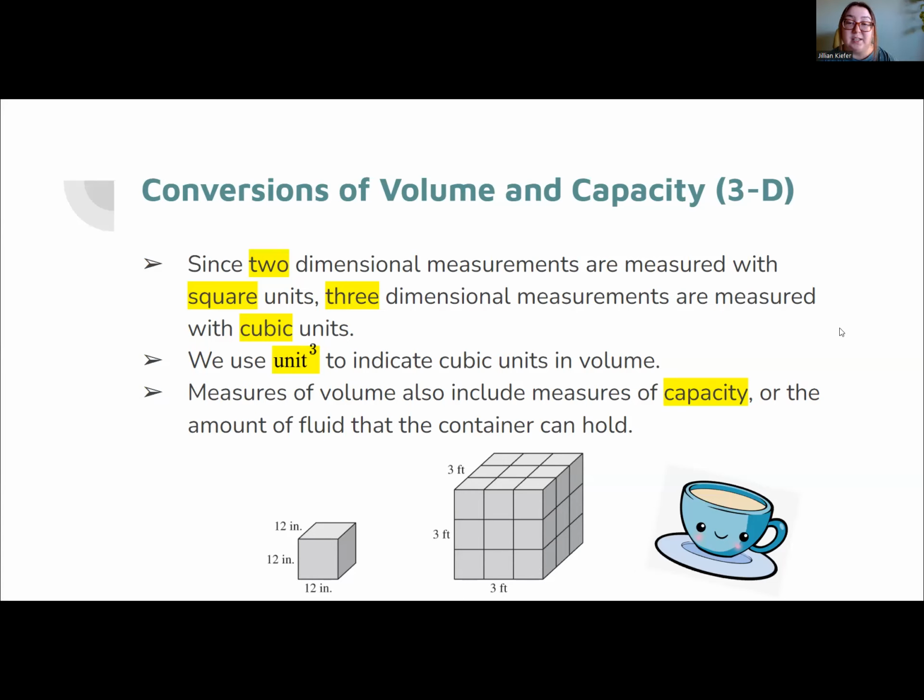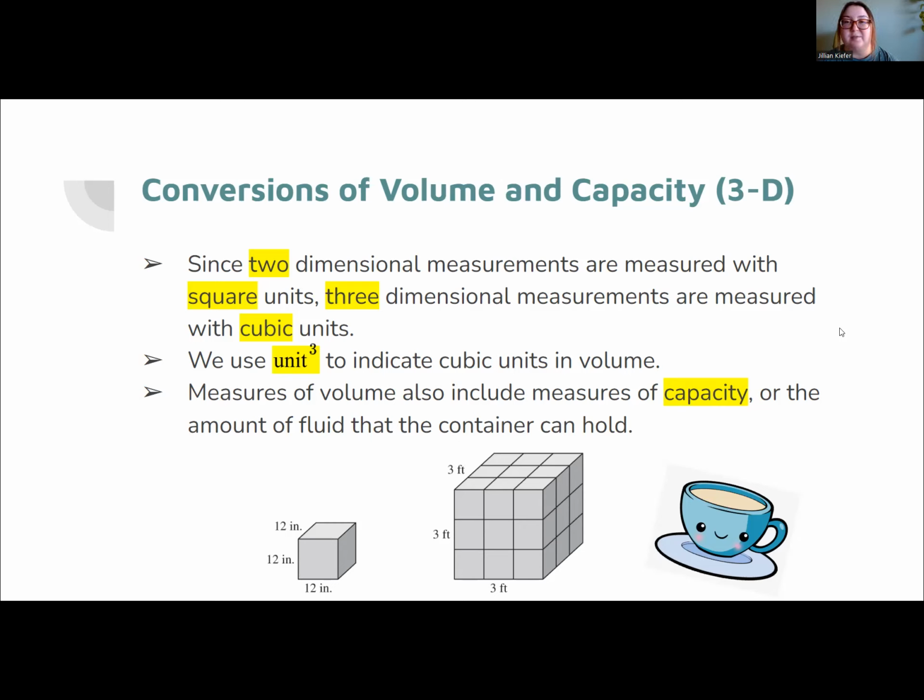We use unit cubed, unit to the power of 3, to indicate cubic units in volume. So whatever your unit is, centimeters, inches, feet, yards, miles, whatever, you'll cube that value. Acres would not be a value here since acres are only 2D measurements.